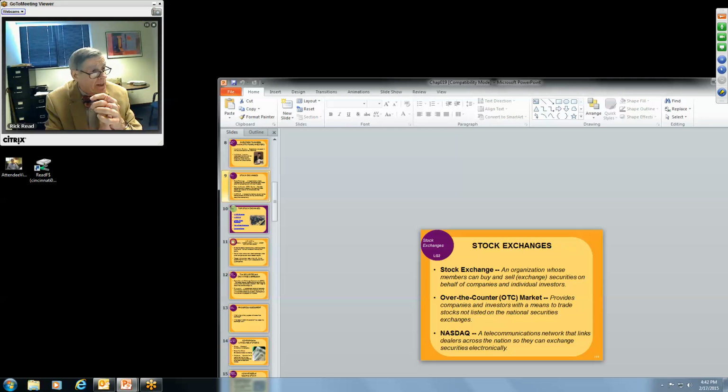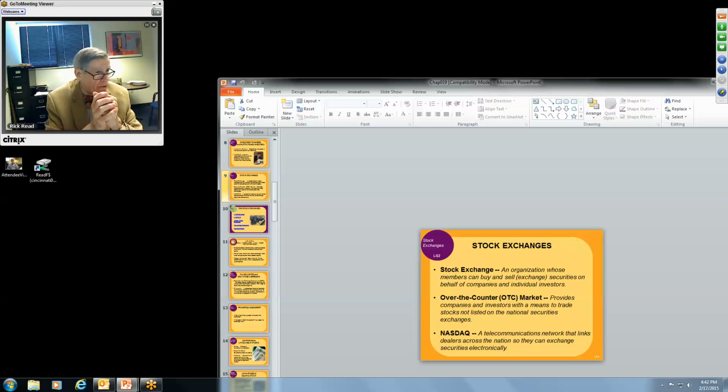Now, that does not mean shares are not traded electronically on the New York Stock Exchange. They are, but they still have people on the floor initiating buy and sell orders and things of that nature. I don't think the New York Stock Exchange will change that procedure anytime in the future, although it may.